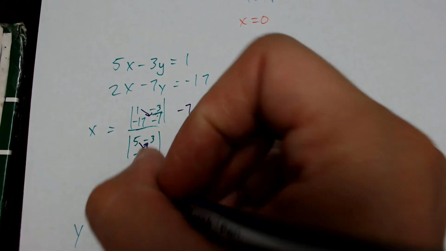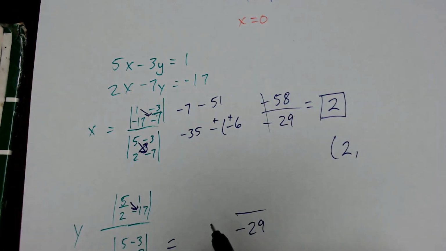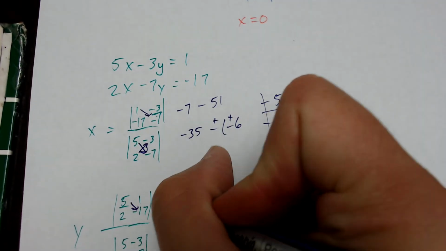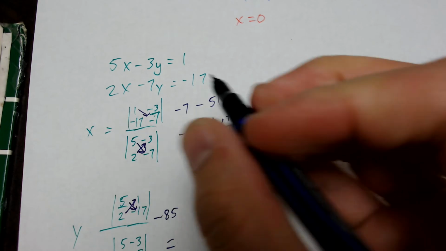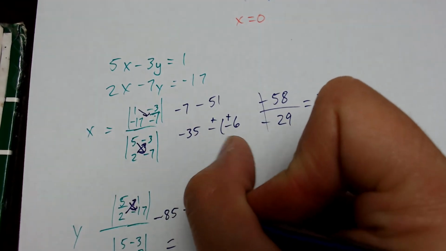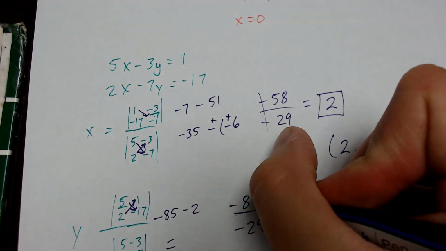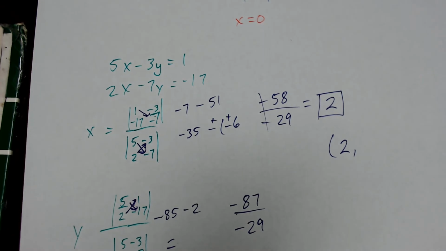So now let's do the determinant for y. 5 times negative 17, that's negative 85. 5 times 17, 85, right? So I've got negative 85. And then 2 times 1 is 2. Negative 85 minus 2 gives me negative 87. Will those divide?